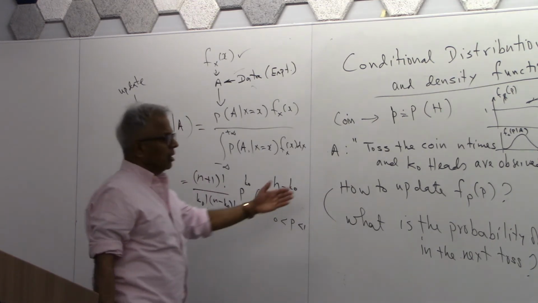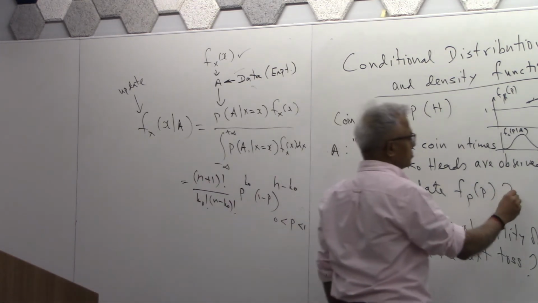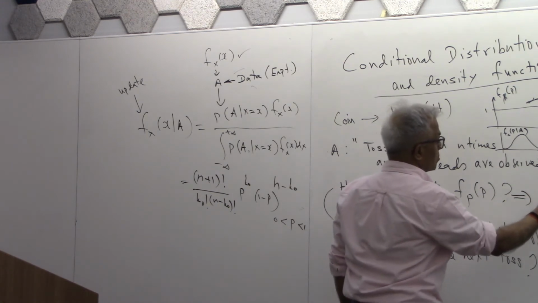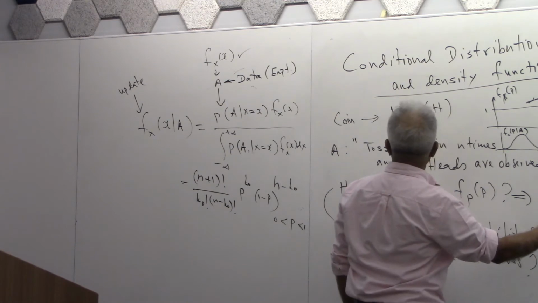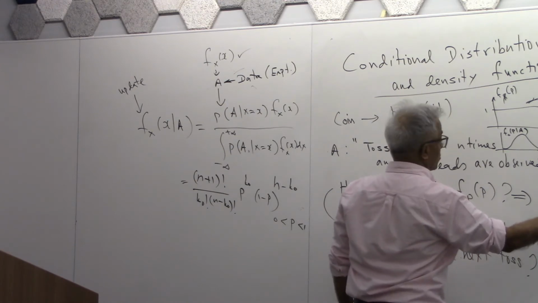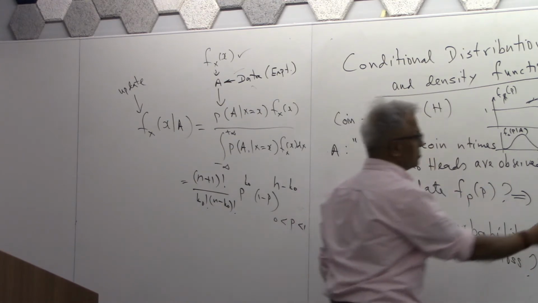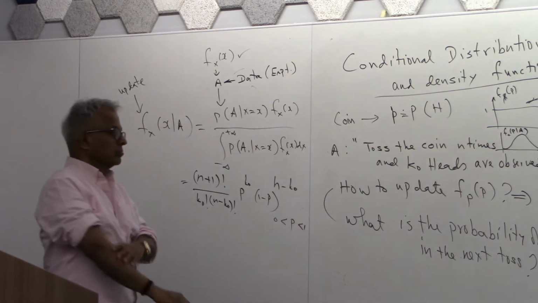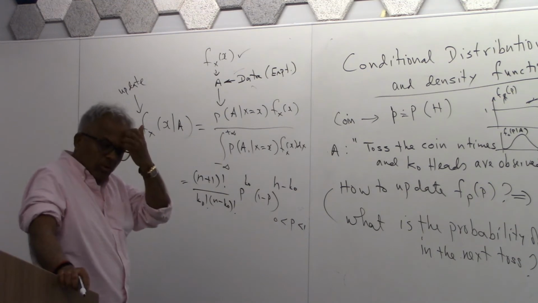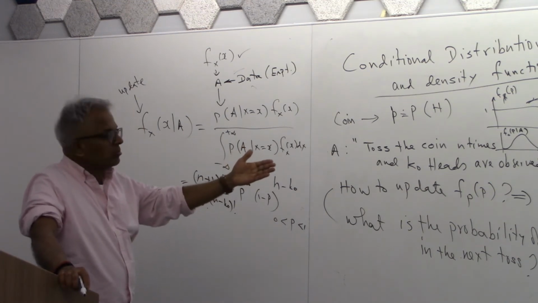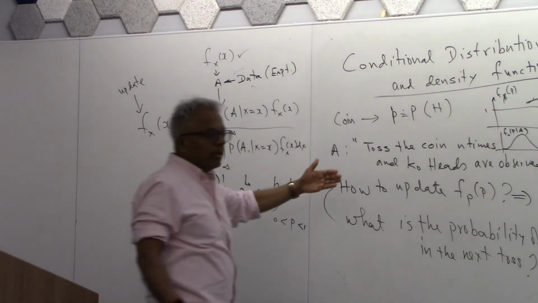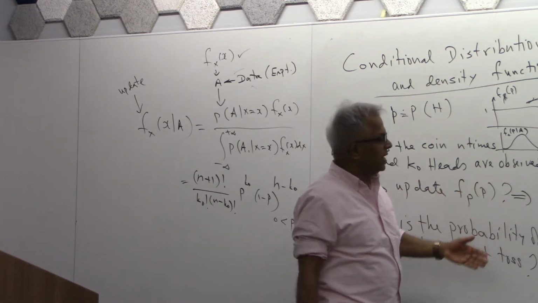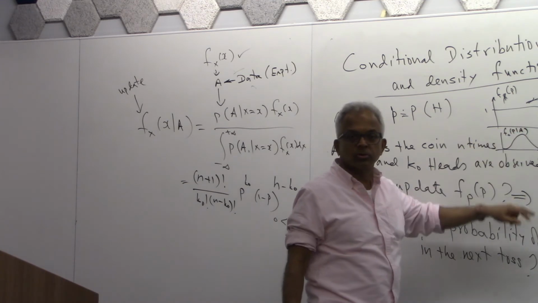Okay, now, how to update f(p)? I just told you. So we updated this, so this is done. Now naturally, whatever you want to predict next, which density function would you use?